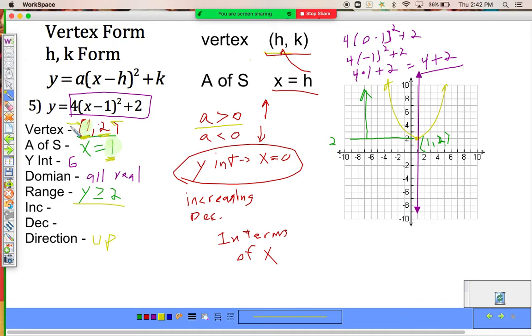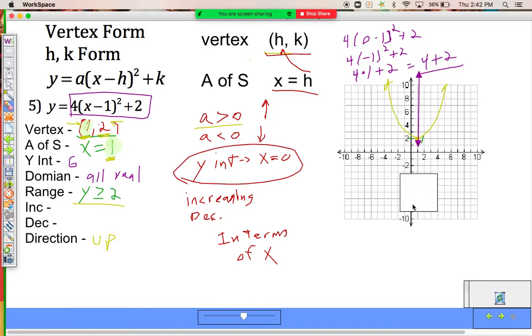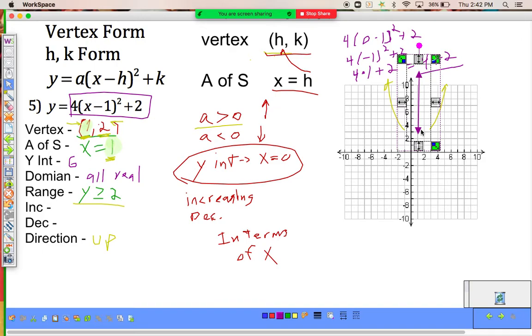All right, and that's the increasing and decreasing. Let me erase a little bit over here. Let me just draw it again. Easier.